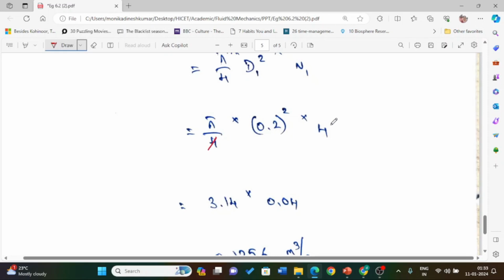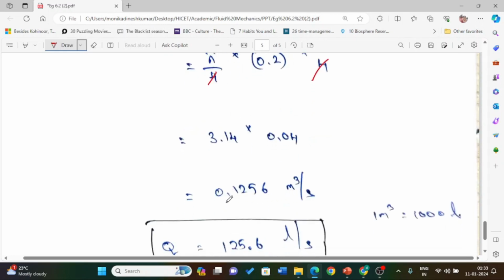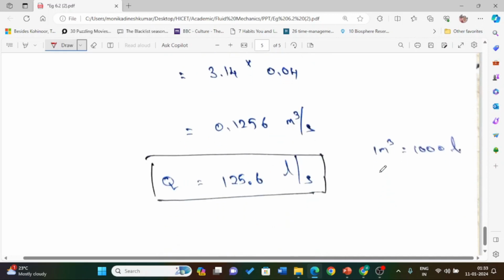The 4 and 4 cancel each other. So the value is 0.1256 meter cube per second. Since 1 meter cube equal to 1000 liters, 0.1256 meter cube per second can be rewritten as 125.6 liters per second.